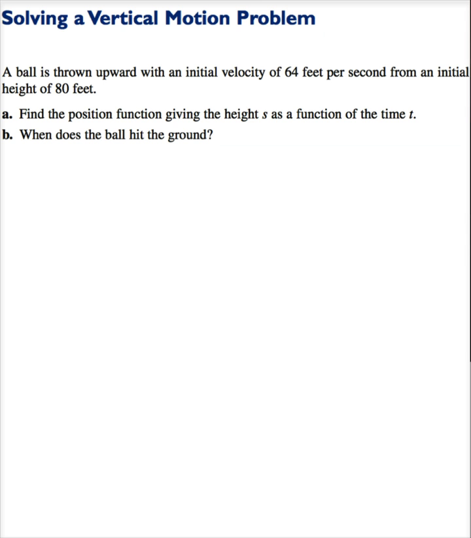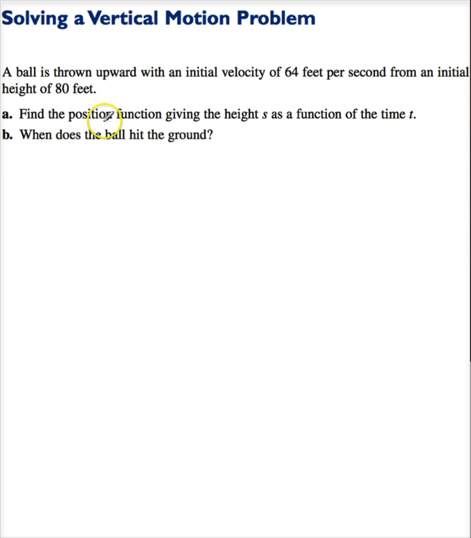Now, suppose vertical motion problem, and you're told that a ball is thrown upward with an initial velocity of 64 feet per second from an initial height of 80 feet. And we ask you a couple questions. What if I want the position function, given the height s as a function of time?